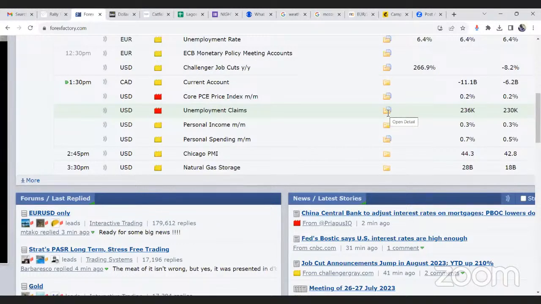And if there is an increase in the level of unemployment in the US, it will likely be weak for the dollar. What does that mean? It means that if the next data that comes out is higher than 236K, that is a negative for the dollar.